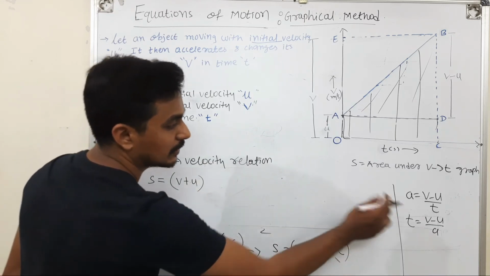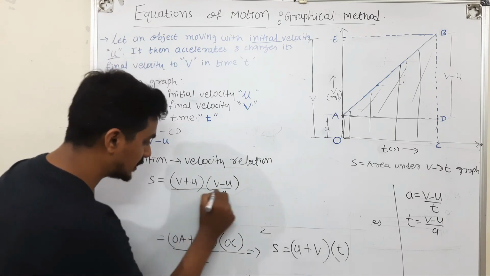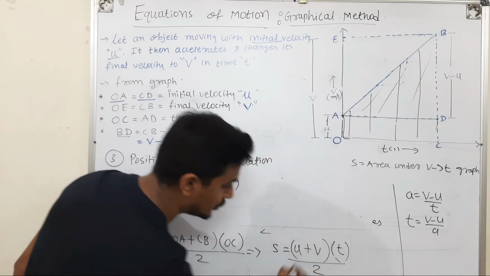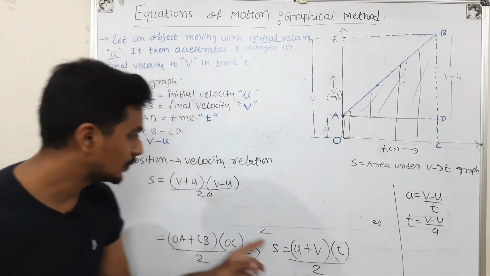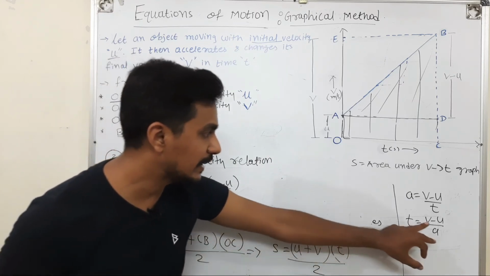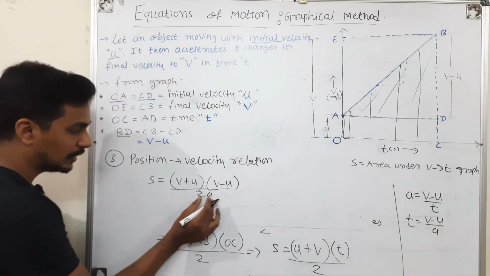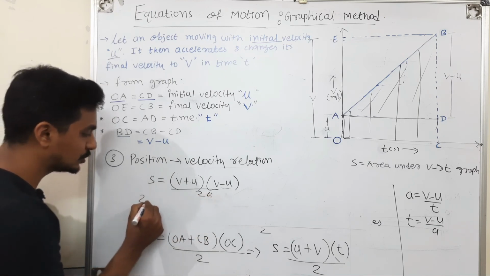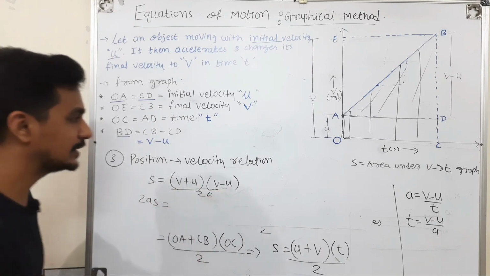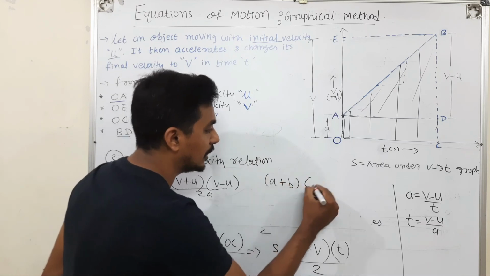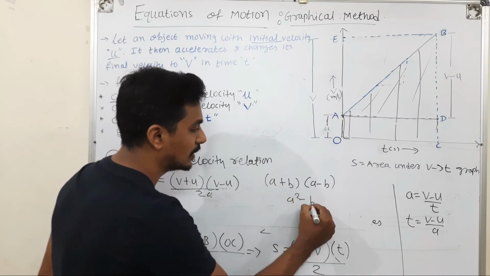Then instead of T, I can write V minus U by A. Here we have 2, and here we have 2A. So V plus U into V minus U divided by A. Now if I take this 2A to this side, I get 2AS is equal to V plus U into V minus U. It looks like A plus B into A minus B, which is an identity: A plus B into A minus B is equal to A square minus B square.